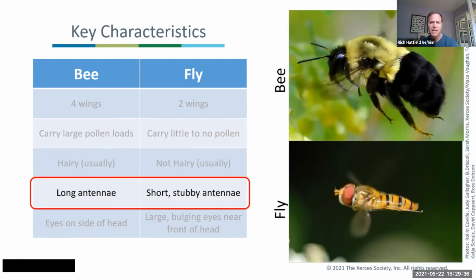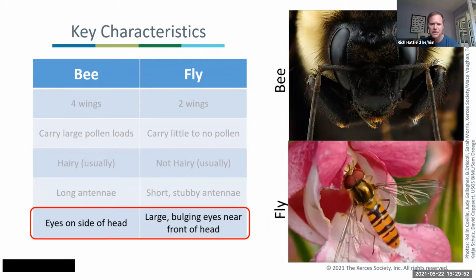And then antennae is another really good one to look at. Bumblebees and other bees are going to have long linear antennae, and flies are going to have short stubby antennae, or sometimes feathery antennae, but not long and linear. The final thing to look at here are the eyes.